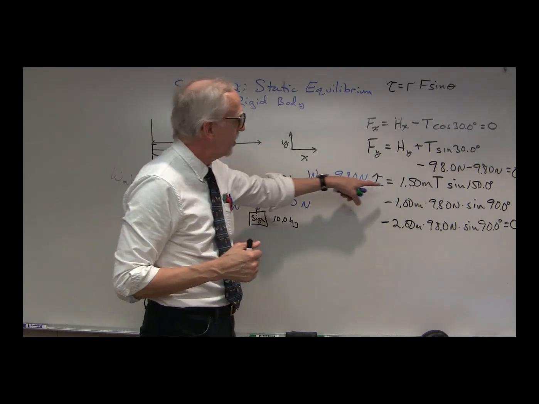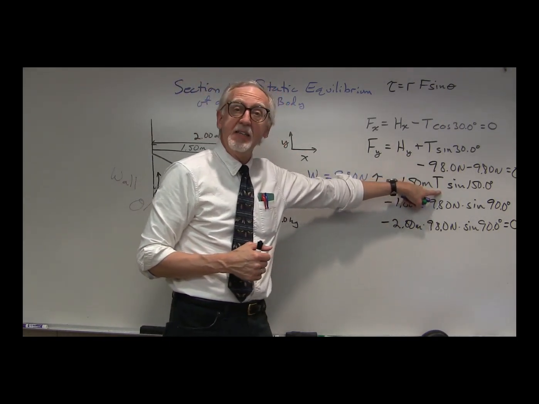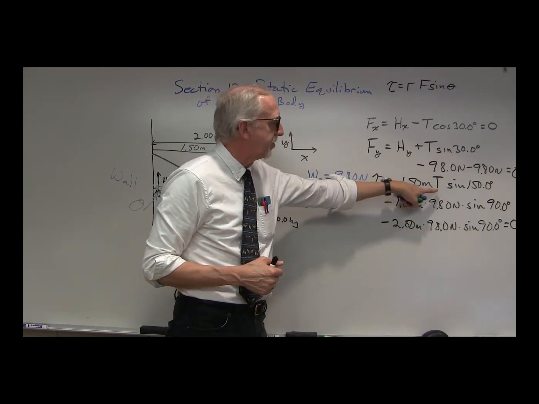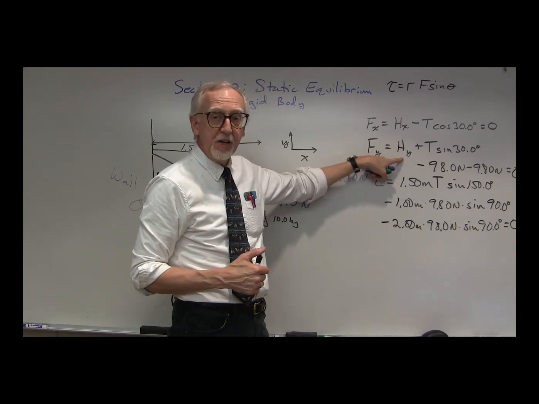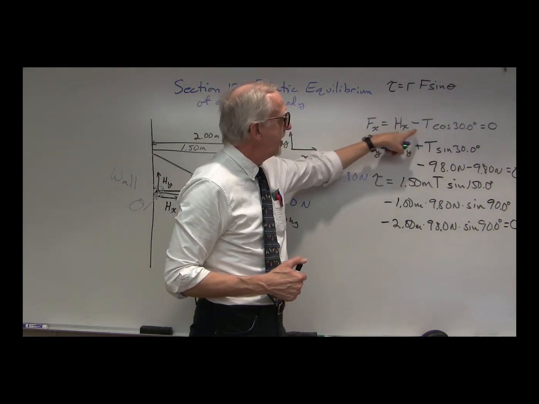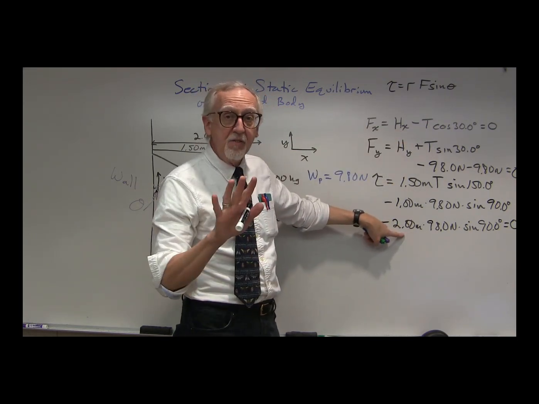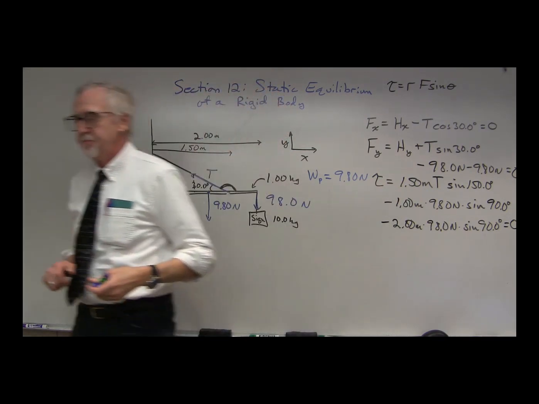Well, there we go. Notice, what do we have? We've got one equation that only depends on T as an unknown. We could use this equation to solve for T. Then we could come back up here, stick it in here, solve for Hy. Put it in here and solve for Hx. I'll leave you to actually stick the numbers in, and I'll give you what the final result is.